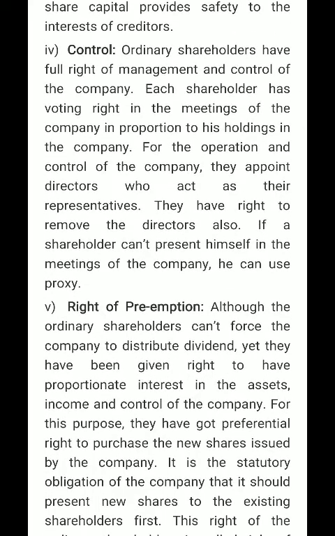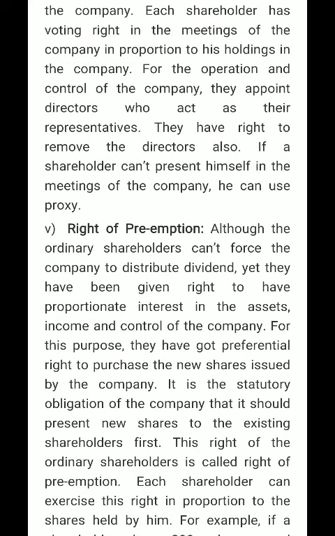And the next is right of preemption. Although the ordinary shareholders cannot force the company to distribute dividends, yet they have been given the right to have a proportionate interest in the assets, income and control of the company.